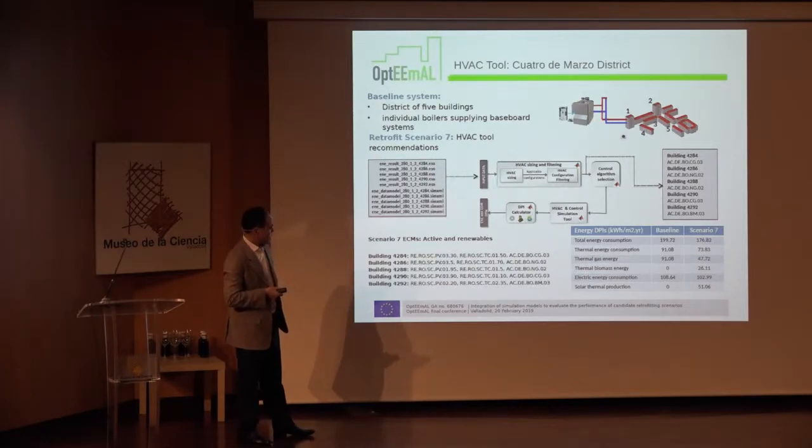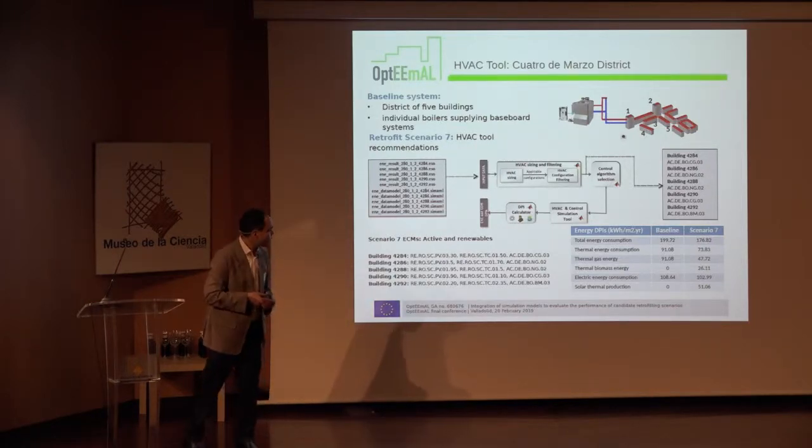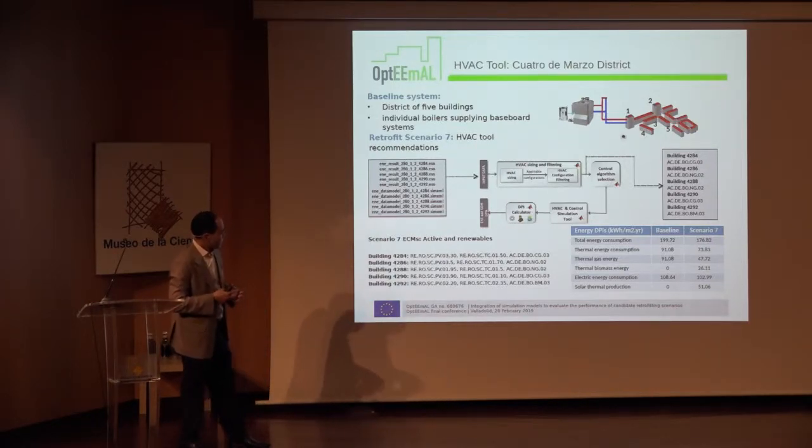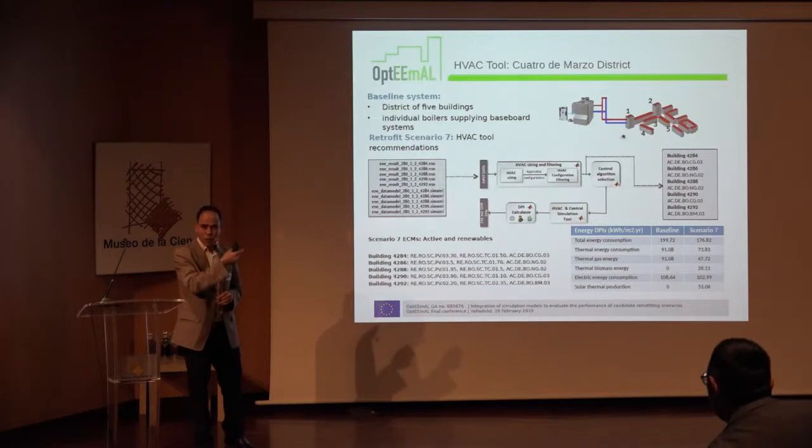And you see the contribution of biomass, solar thermal, and so on. As I mentioned earlier, the tool will do multiple of these runs, and at the end will present the best scenarios for the district. So with that, I'll pass it back to Jorgos if you want to conclude.